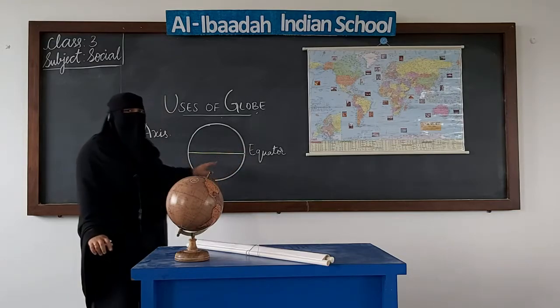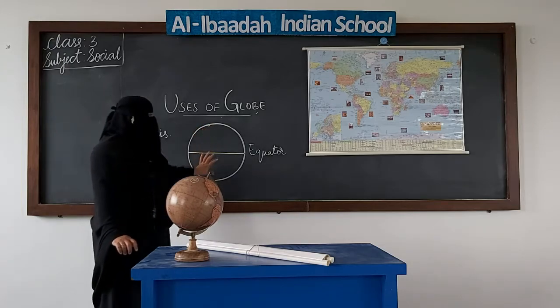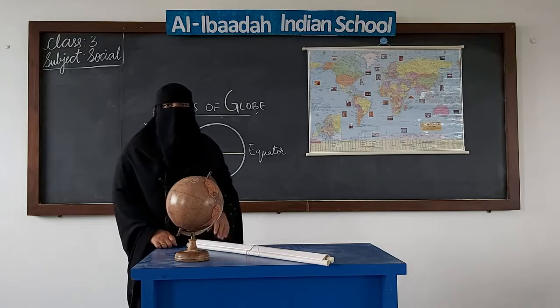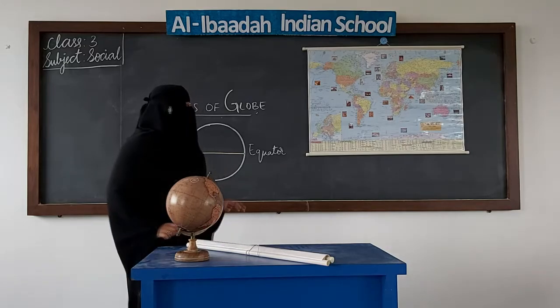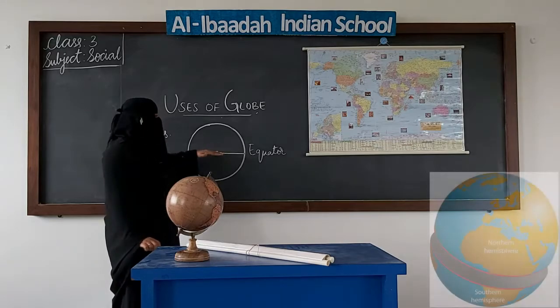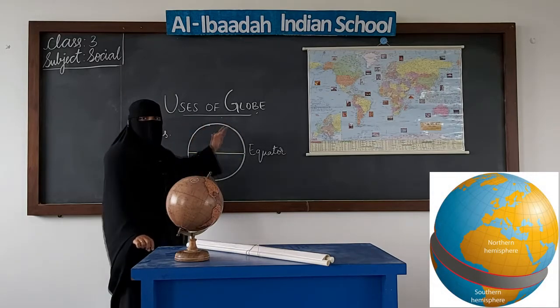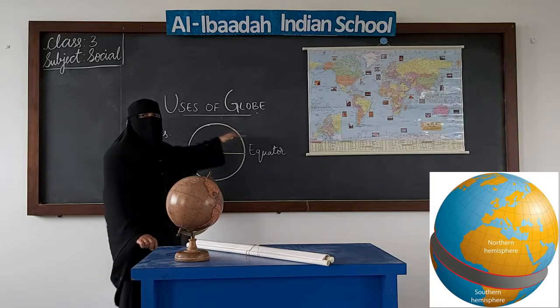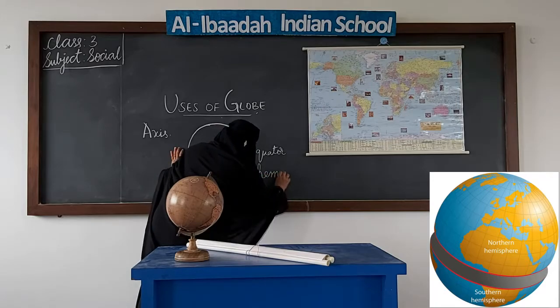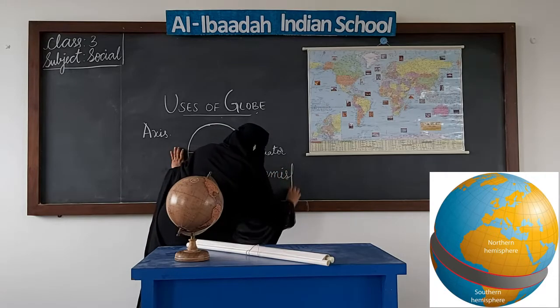So here these two halves are called as hemispheres. Hemisphere means nothing but the half circle. This equator divides the earth into two equal parts, which is called as hemisphere.